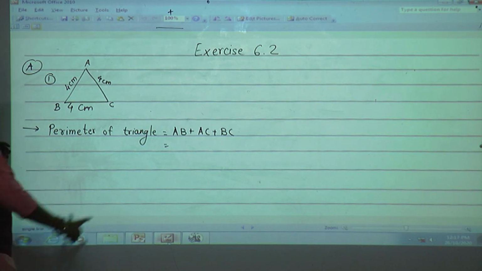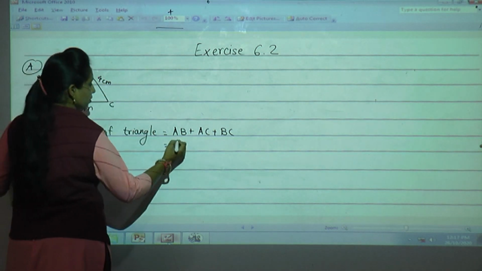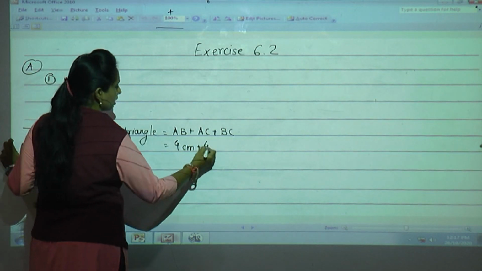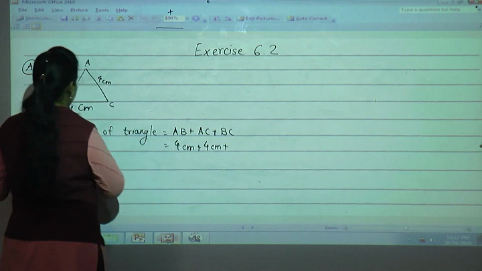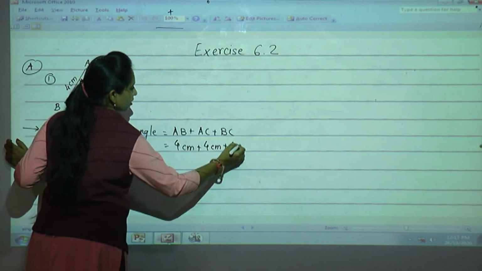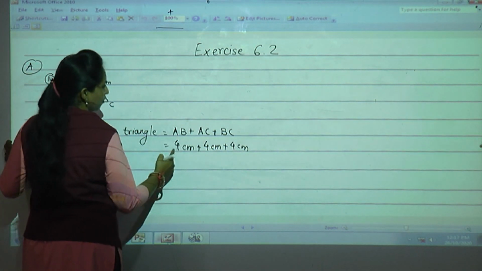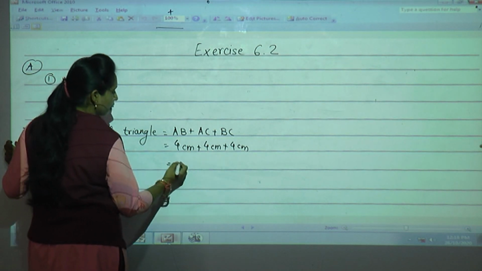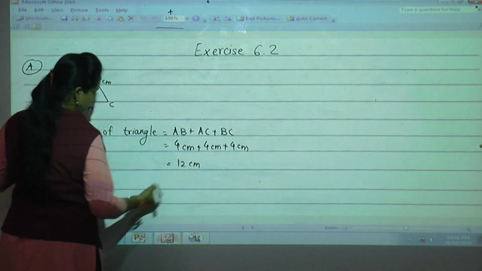Now we will add: AB is 4 centimeter plus AC also 4 centimeter plus BC also 4 centimeter. Now 4 plus 4 plus 4: 4 plus 4 is 8, 8 plus 4 is 12 centimeter.